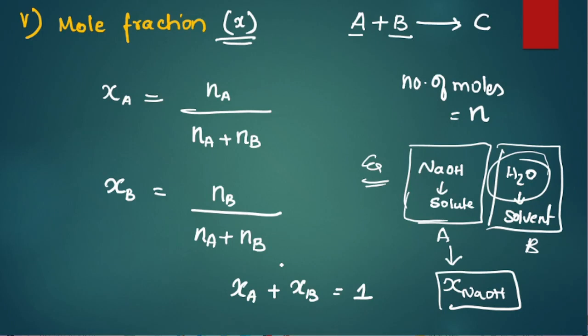So in that way you can find the answer. We will do the problems at that time, and you will be clearly able to understand this one. In the next video of the same lesson, we will solve the numericals based on the concentration terms, based on mole fraction, molarity, all these things, because these are the important things.